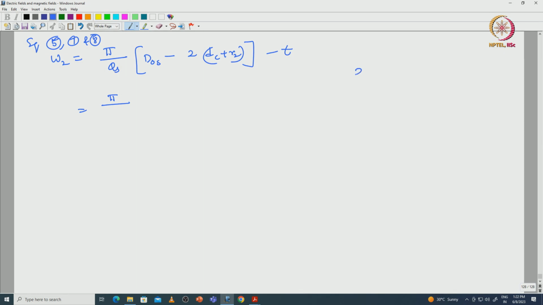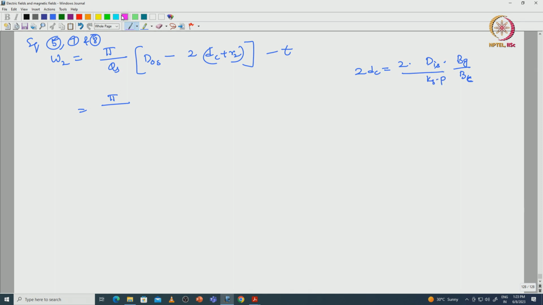Here 2 DC is nothing but 2 into dis into Bg by Bt from the equation 4 or 5, I think. This Bt by Bg by Bc value we have derived, right, divided by Ks into P.